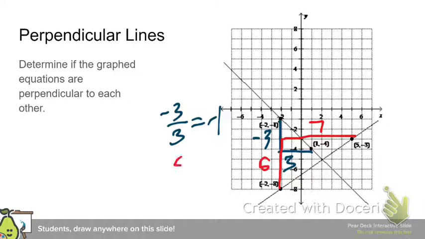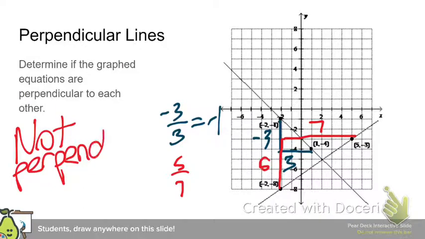So that's 5 over 7. Those are not negative reciprocals. One's negative and one's positive. That's good. But 1 and 5/7 are not reciprocals. So this is not perpendicular. These are just regular intersecting lines.